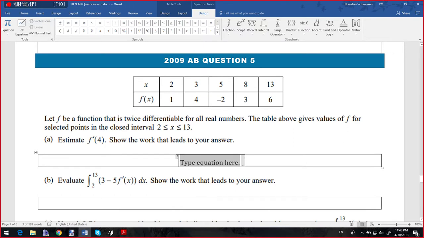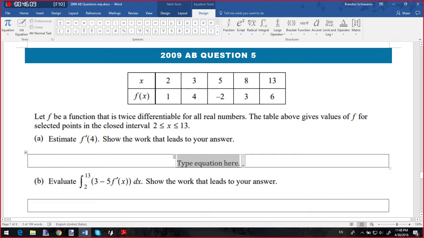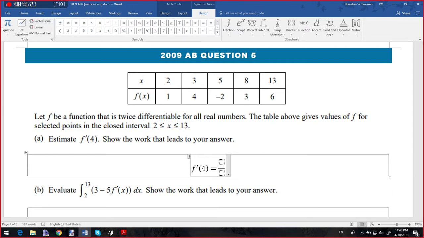I'm going to zoom in, so hopefully this will be easier to see. We don't have a function, we just have a table.